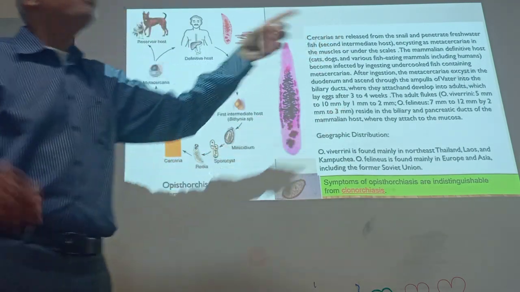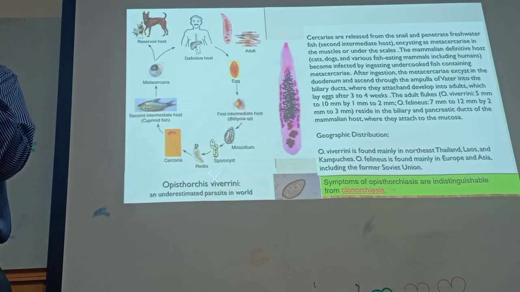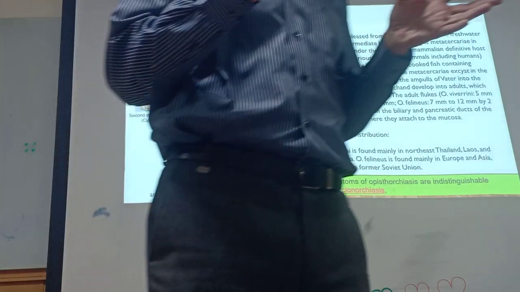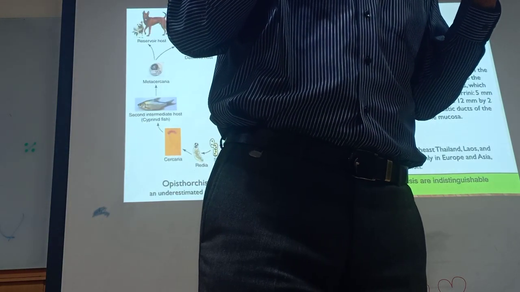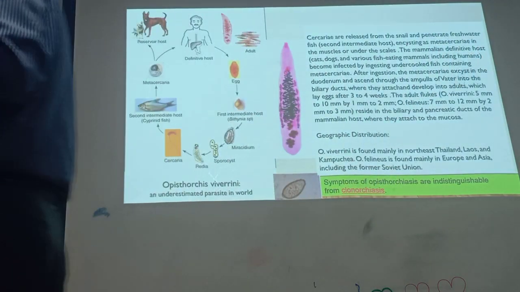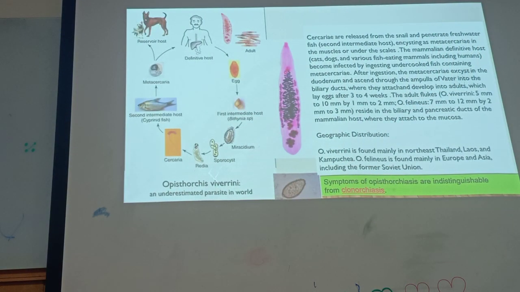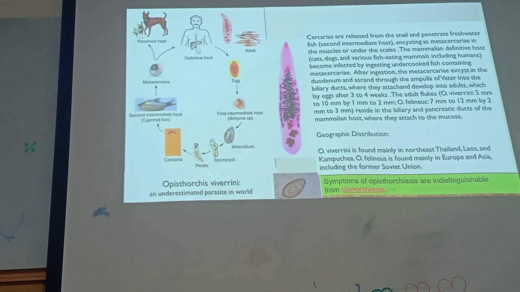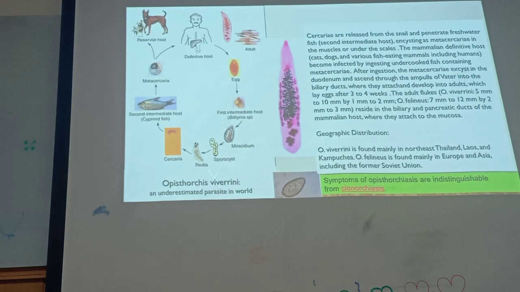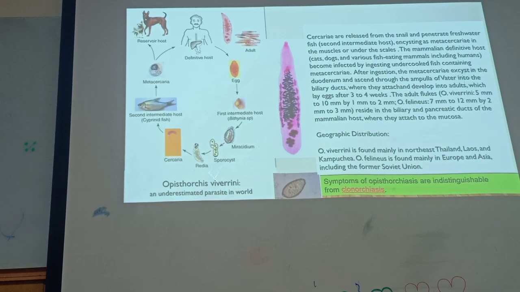And mammalian definitive hosts may get this fish undercooked or raw. You cannot ask the jackals to please cook the fish enough, but for people, they can be informed through health education that you have to eat well-cooked fish in endemic areas where you are at risk of acquiring infection.